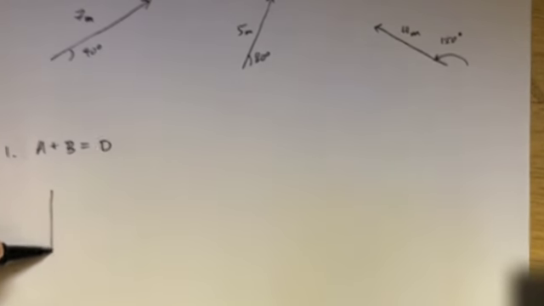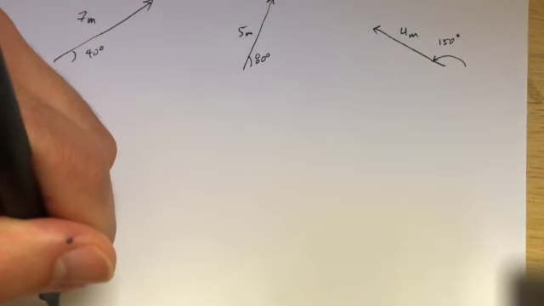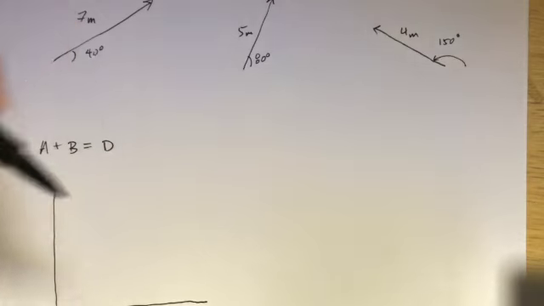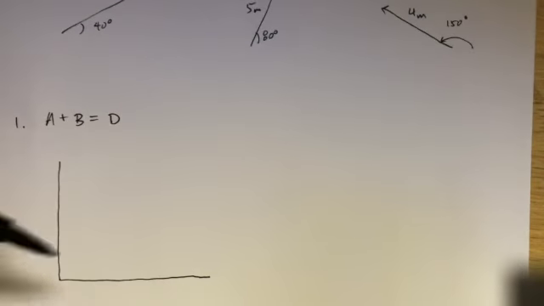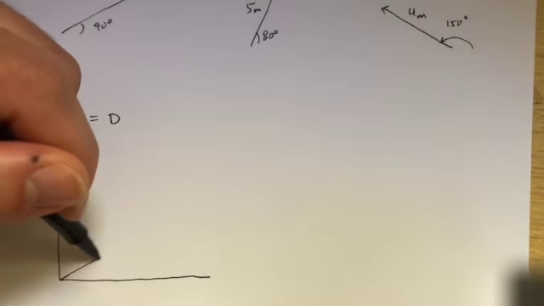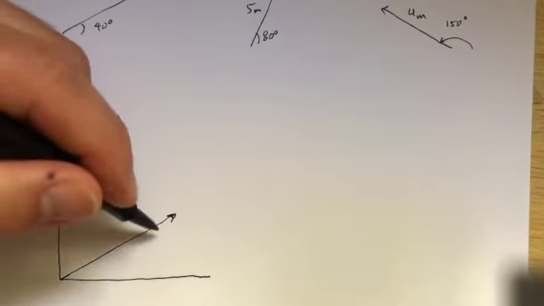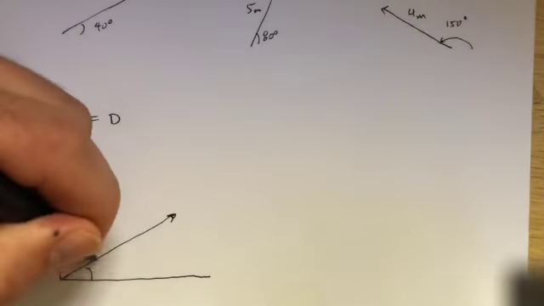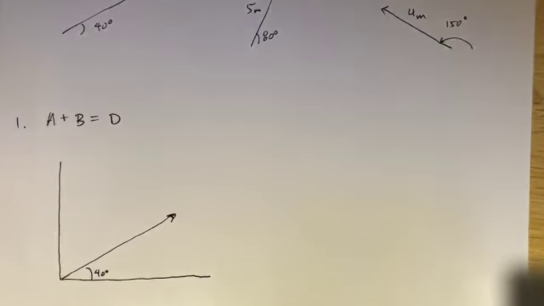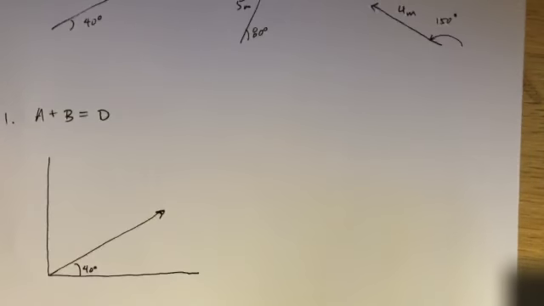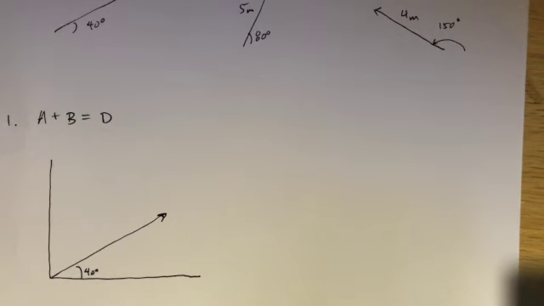So what does A plus B look like here? All right, so I'm going to draw vector A first. And I just take that vector A I drew up there before, and I just move it down. Same vector, same direction, same length, approximately.